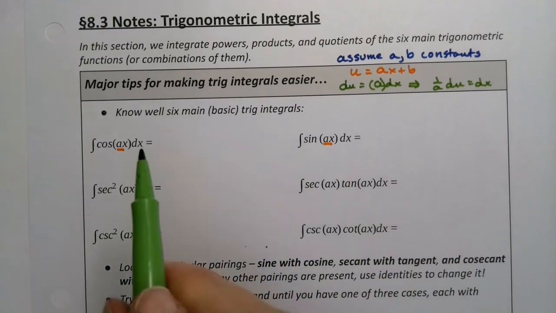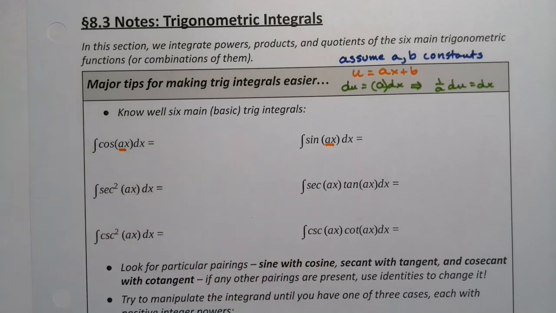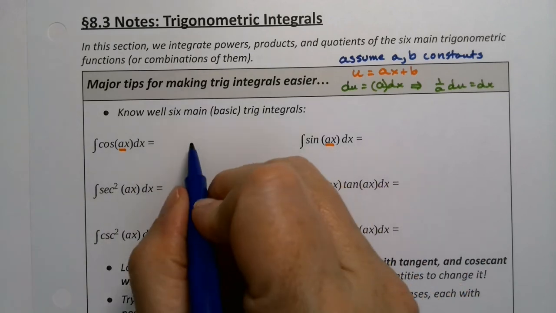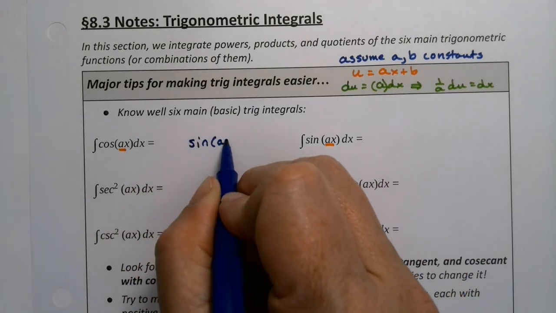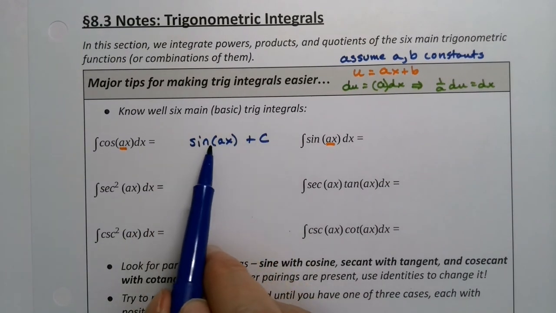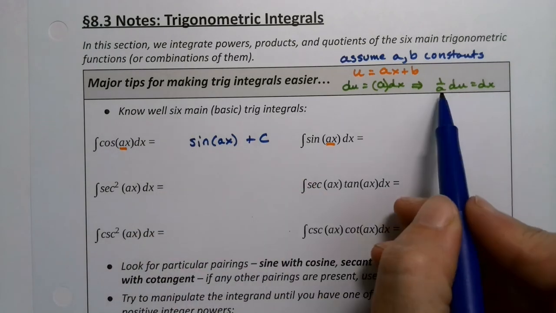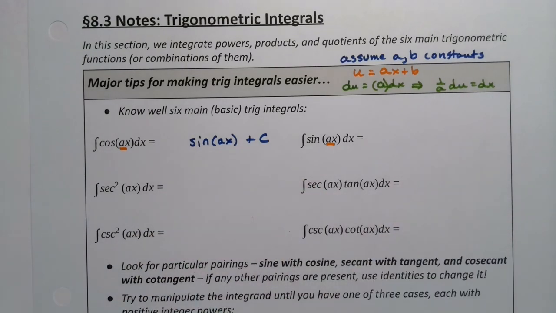Okay, so where am I heading with that? Well, I can use that fact to come up with new formulas for these, because the integral of cosine is sine, and if it has the ax, it'll have that ax in there plus c. But if I just took the derivative of sine of ax, I would have a, right? And I don't have an a in front, so I'd have to multiply by 1 over a, right? That's where that's coming from.